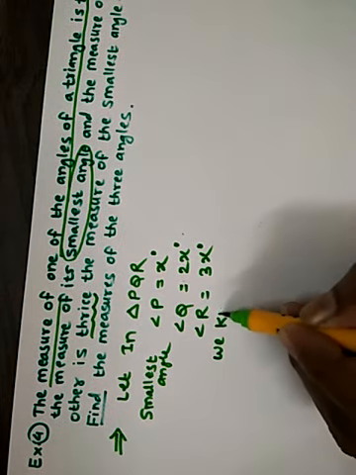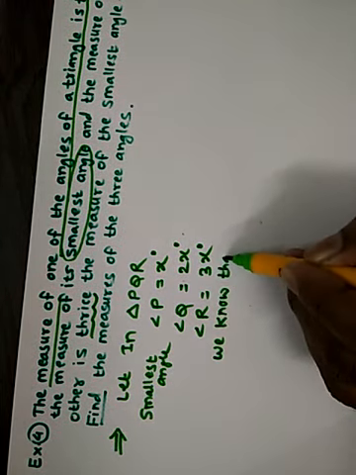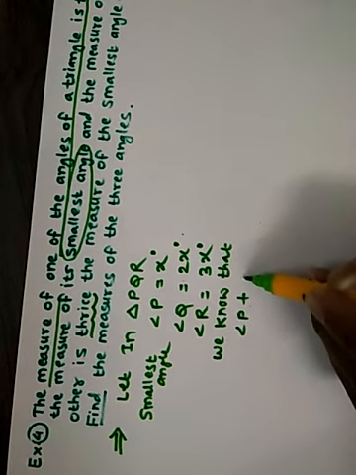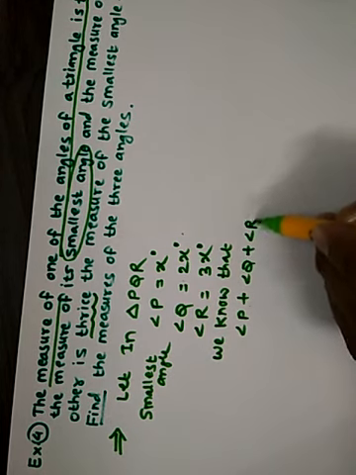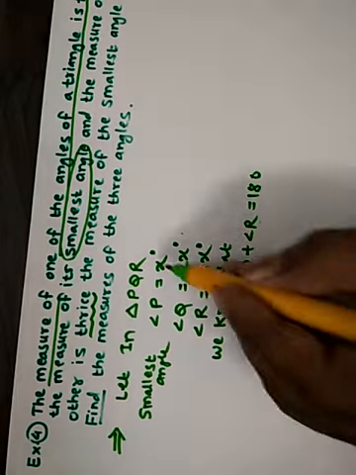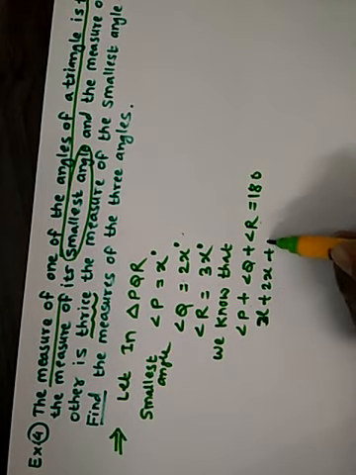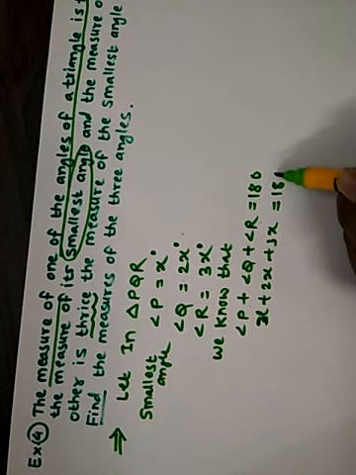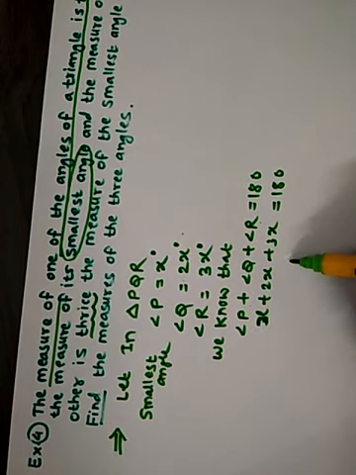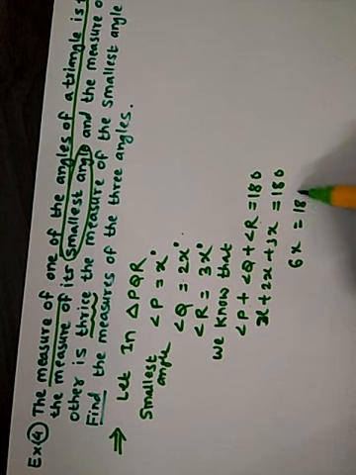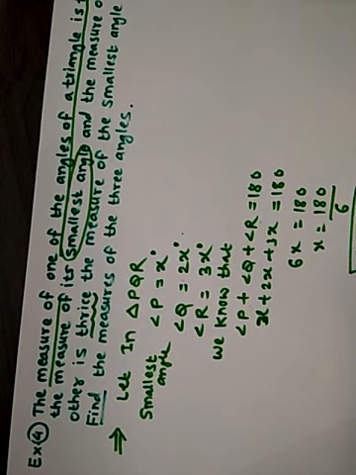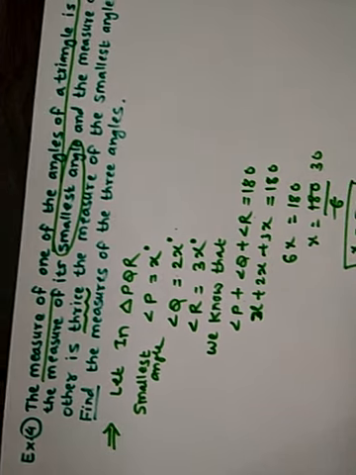Again we know that the sum of these three angles is equal to 180 degree. By substituting these values, x plus 2x plus 3x is equal to 180 degree, which means 6x is equal to 180, so x is equal to 180 by 6. On dividing we get the value of x is 30.